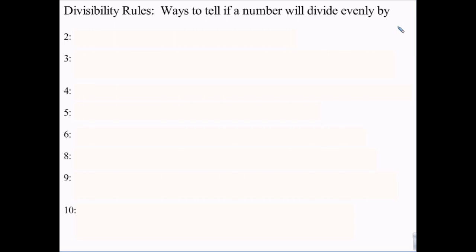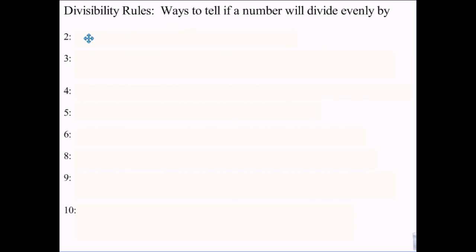Now you'll notice that I did not put 7 on the list. That is not because 7 doesn't have a rule. 7 has a rule. But the rule to figure out if a number will divide evenly by 7 is actually more complicated than just dividing by 7 and seeing if it works. So I'm not teaching it because it's silly. The divisibility rules are meant to make things easier, not harder, right?